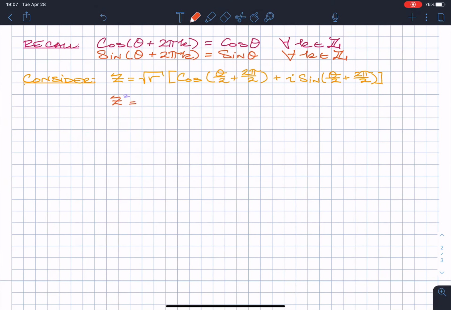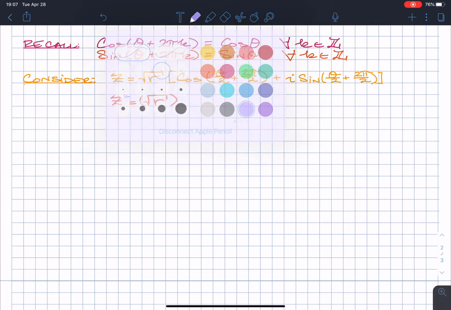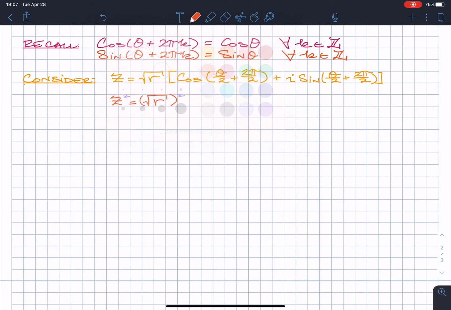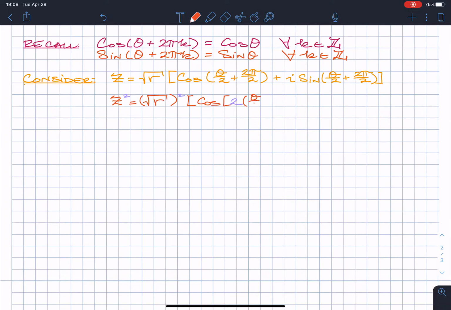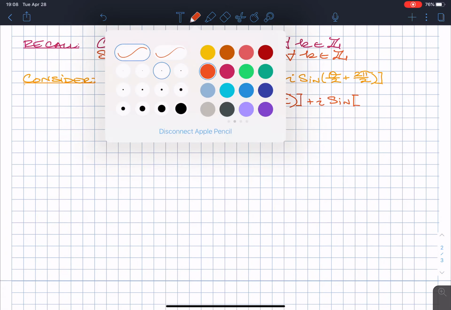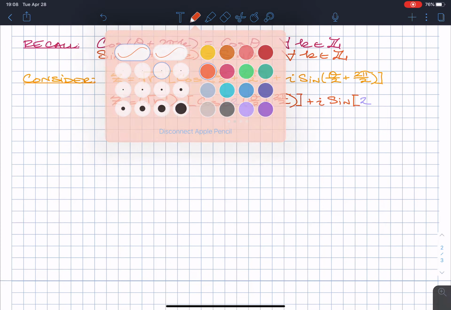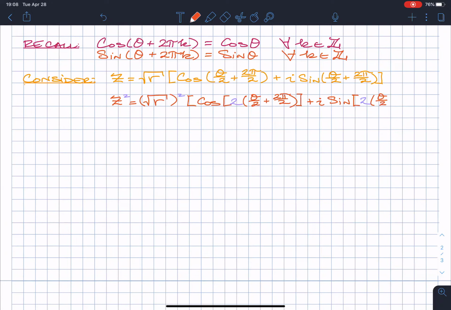So this would be quantity, the square root of r squared, times the quantity cosine of 2 times the angle, which is theta over 2 plus 2 pi over 2, plus I times sine of twice the angle, which is theta over 2 plus 2 pi over 2.